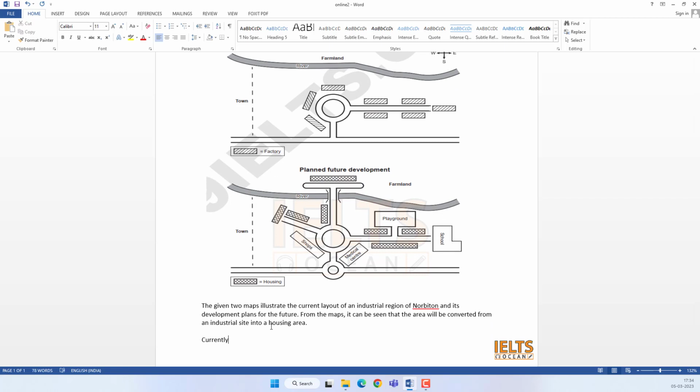Currently, as it is the current map, so I'm using currently.